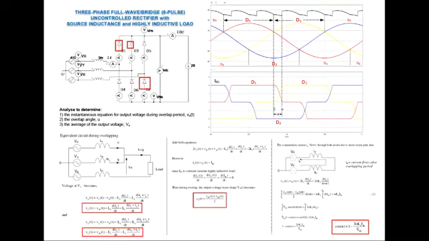So here we have VR, and then we have VY here, and we have VB here, and then we have the source inductance for the red phase, as well as the yellow and blue phases.